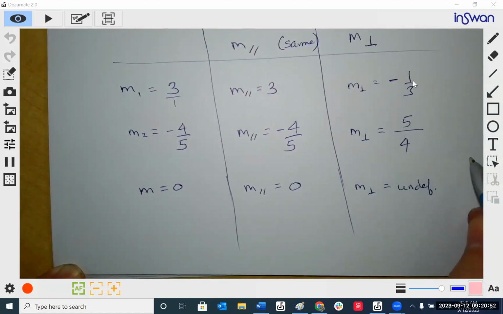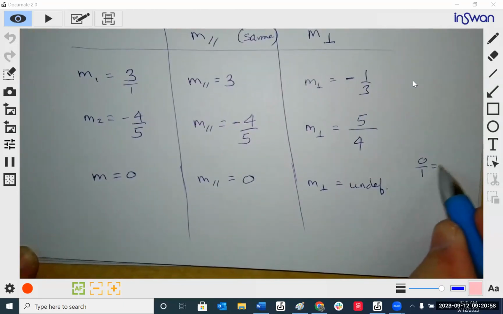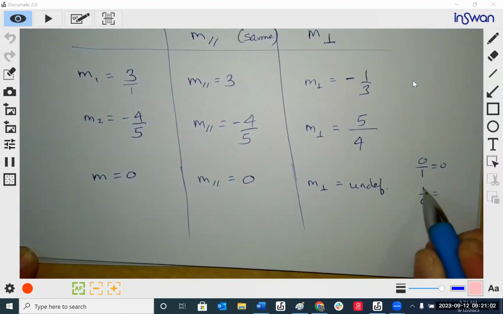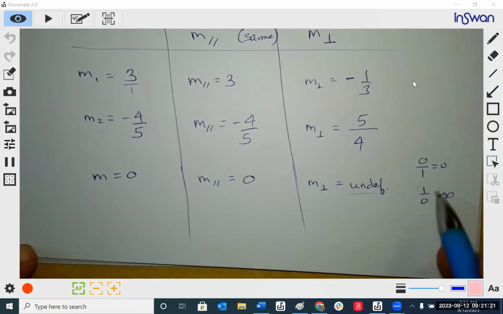Here's the reason why. If I have 0/1, how many times does 1 go into 0? 0 times. How many times does 0 go into 1? An infinite number of times. In other words, I can give you nothing forever. That's what this says: 0 goes into 1 an infinite number of times. That's why it's undefined. You cannot divide by 0.